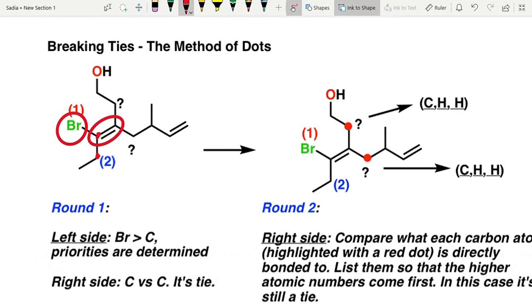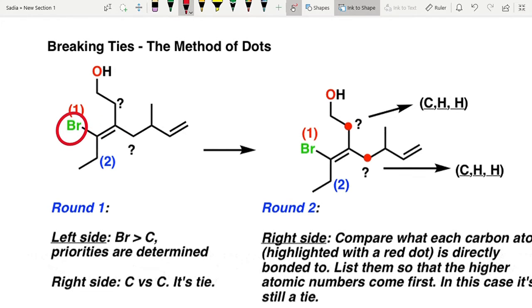We're just going to look at the very first atom directly bonded to that carbon. So the first atom is carbon. We're not going to consider this whole molecule and say that this molecule is bigger or this group is bigger. That's why we're not going to consider this as the high priority. Bromine has higher molecular mass than carbon, therefore it will be considered as high priority group.